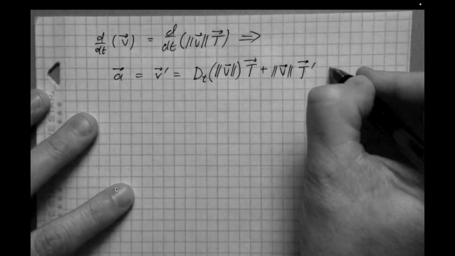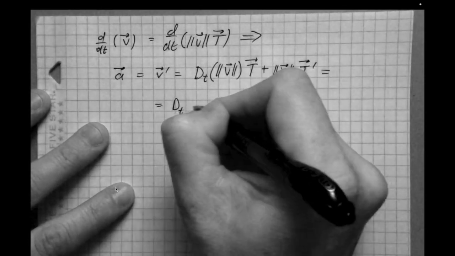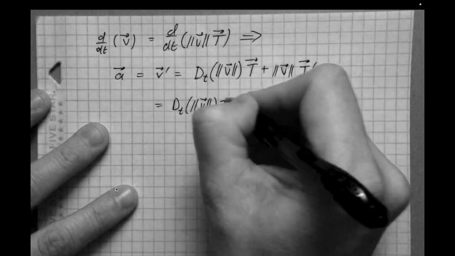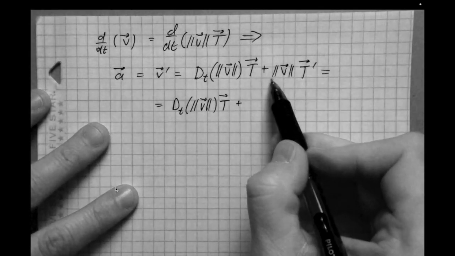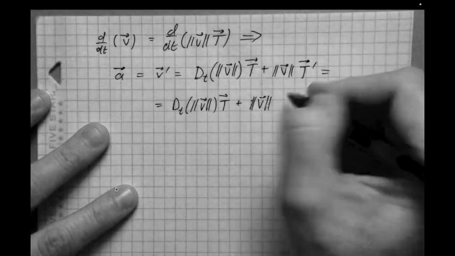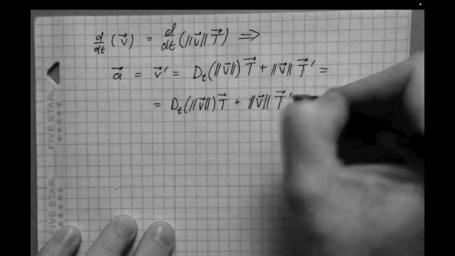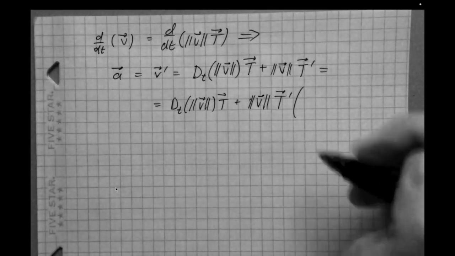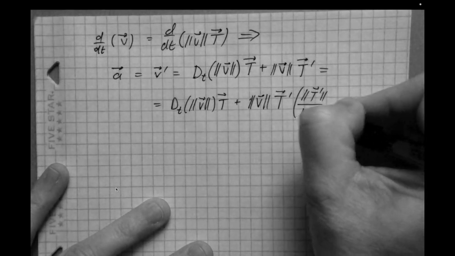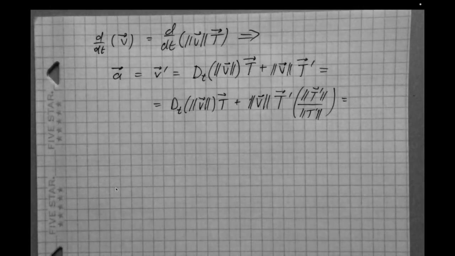Okay, and so then that is going to be equal to, again, just kind of hanging on to this piece. And this will be the norm of v, and we're going to do a little algebra trick here. We're going to multiply and divide by the norm of T prime. All right, we can do that. I haven't changed anything.